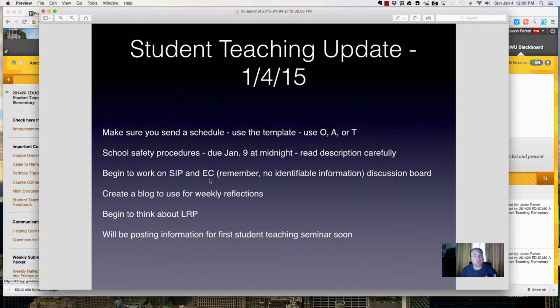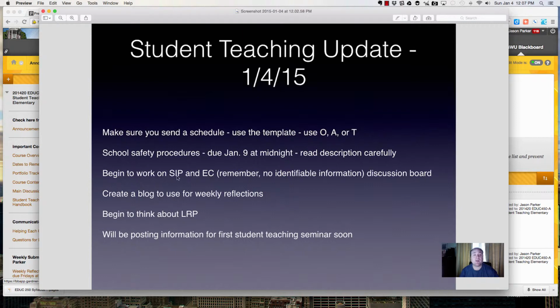We want to make sure that you're aware of the EC responsibilities you have to maintain this semester, in which you're responsible for accommodating and modifying your instruction per the instructions on any IEPs or 504s in your classroom. So make sure that you are reading both of these discussion board tabs and starting to work on those this week as well.